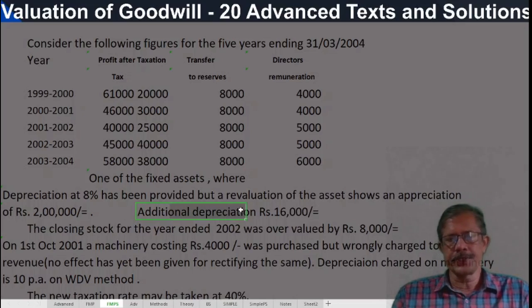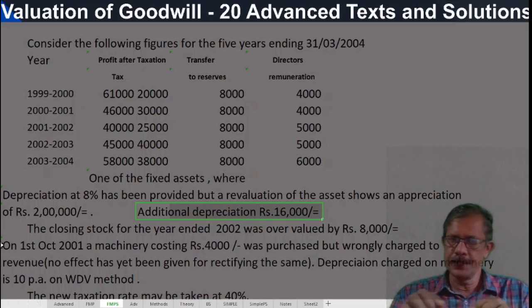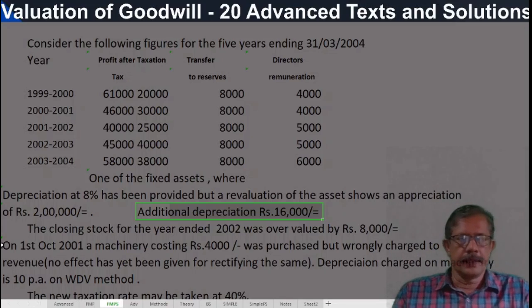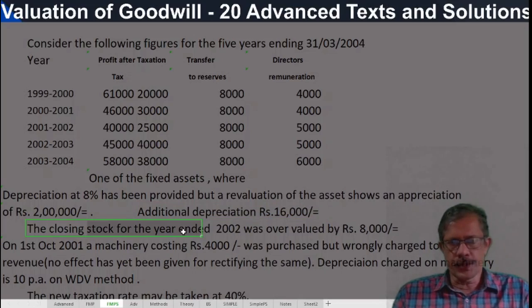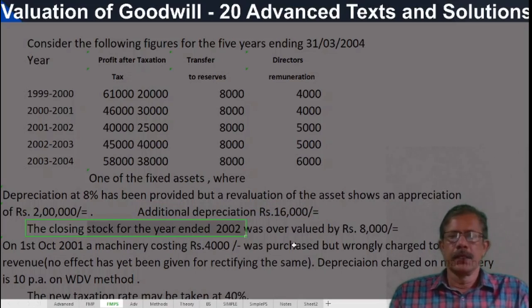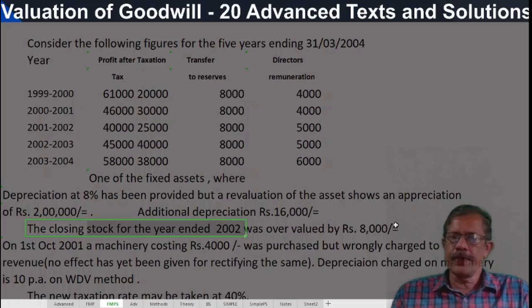And this additional depreciation should be deducted from average adjusted profit. Or you have to show it as a deduction in each of the columns. Then next point, closing stock for the year ended 2002 was overvalued by 8,000 rupees.